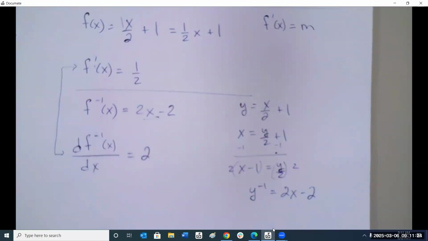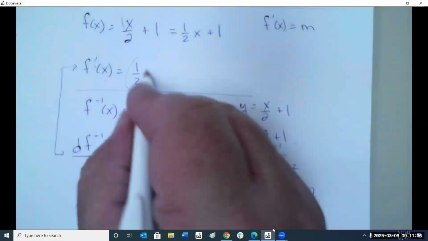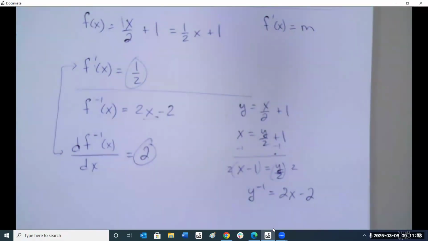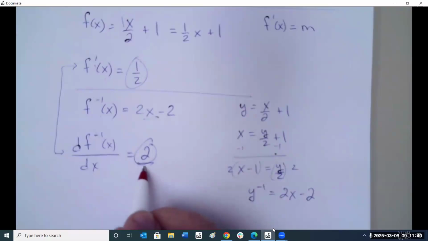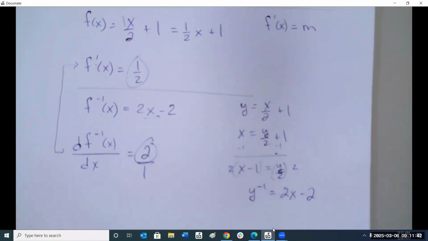How are they related? It's 2. This is 1/2. How are they related? Let me make it easier for you. 2 over 1. They're flips of each other. They're reciprocals of each other.